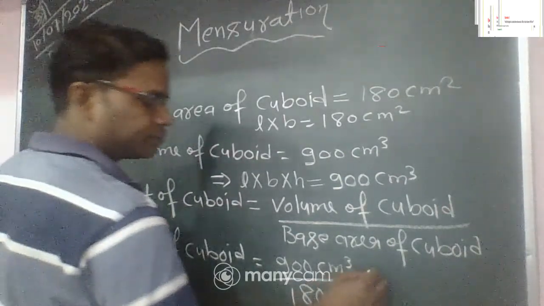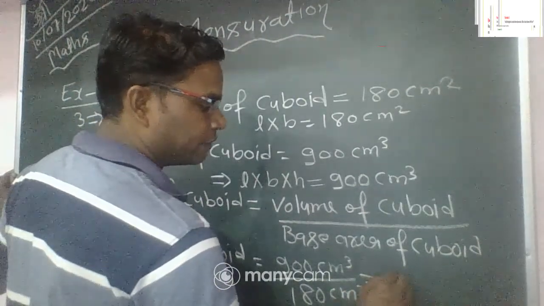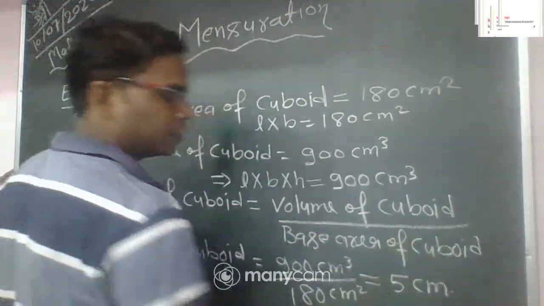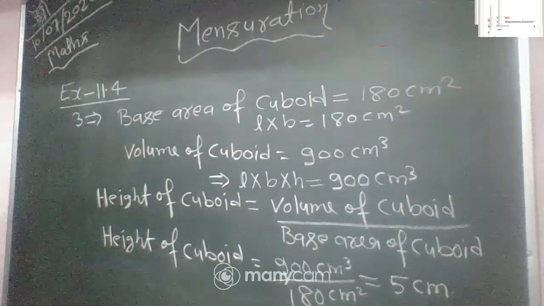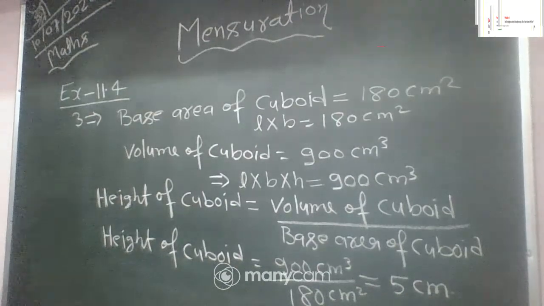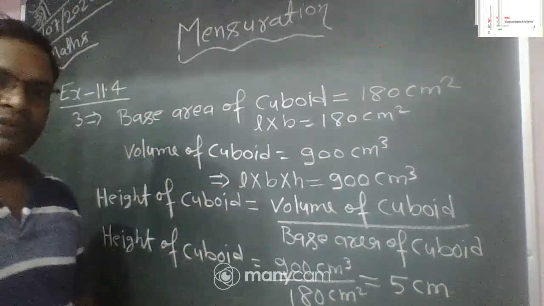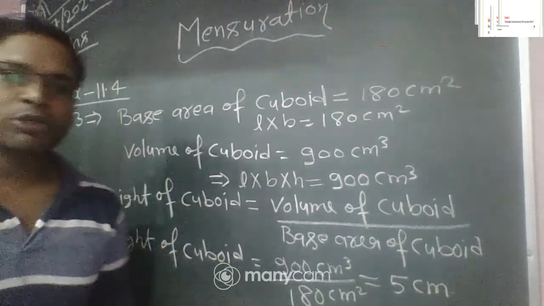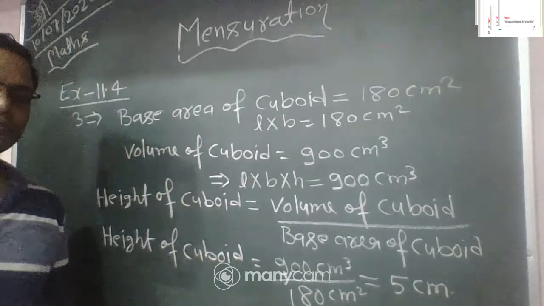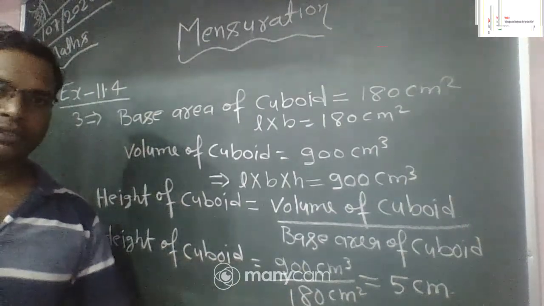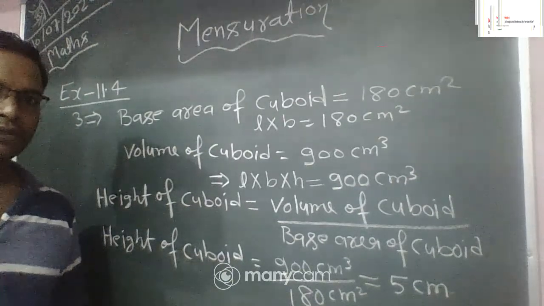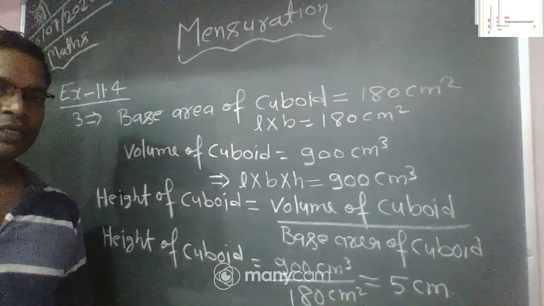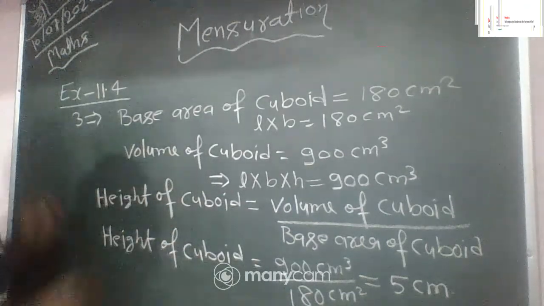This is equal to 5 centimeters. At last we can write: hence the height of cuboid is 5 centimeters. So student, I hope all have understood this question 3, exercise 11.4.